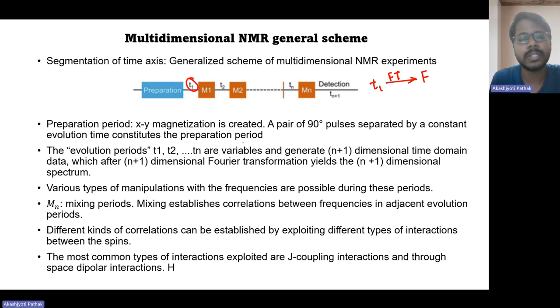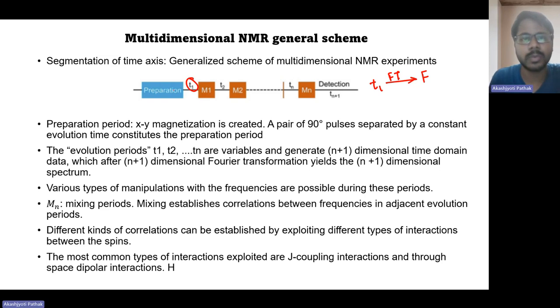Now, different kinds of correlations can be established by exploiting different types of interactions between the spins. The most common types of interactions exploited are the J-coupled interactions and through space dipolar interactions.